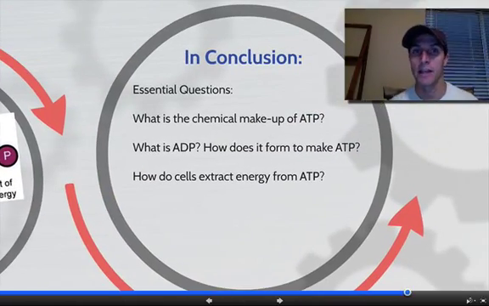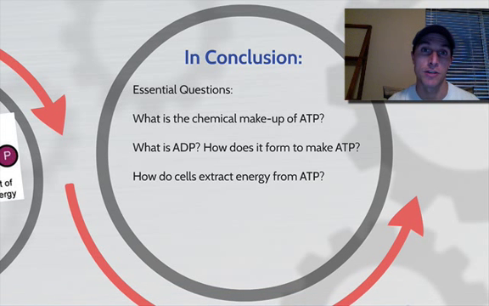So I just wanted to end with the three essential questions from this outcome number 1. What's the chemical makeup of ATP? For me, all you have to know is what the word means: adenosine triphosphate. So an adenosine and three phosphate groups. What is ADP?